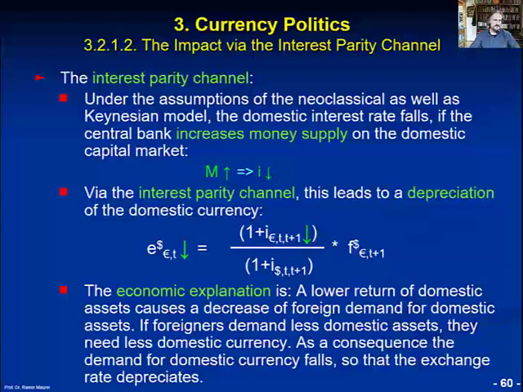If foreigners demand less domestic assets to invest money, they need less domestic currency. As a consequence, the demand for domestic currency falls, so that the exchange rate depreciates. This is the explanation why we observe this.